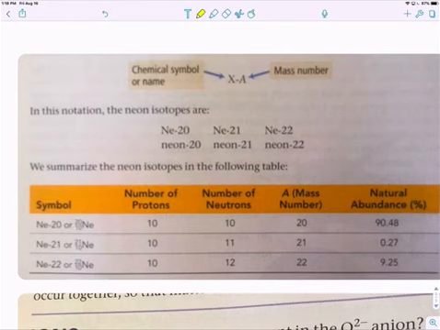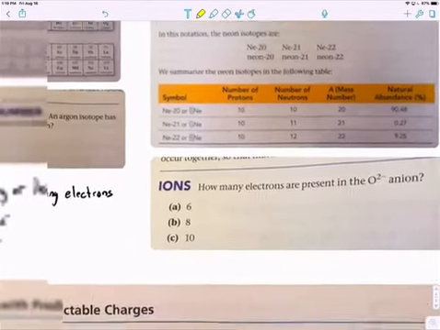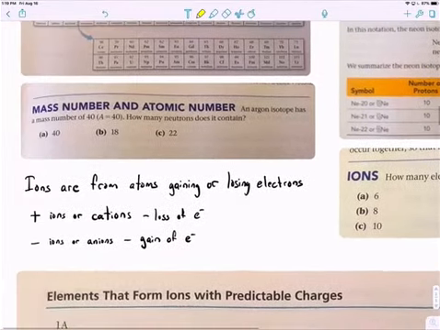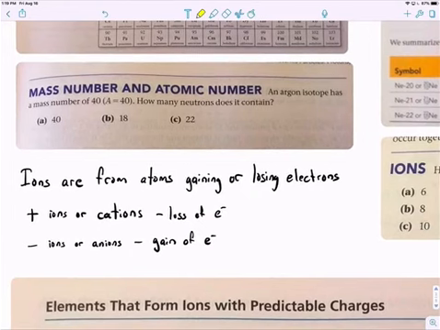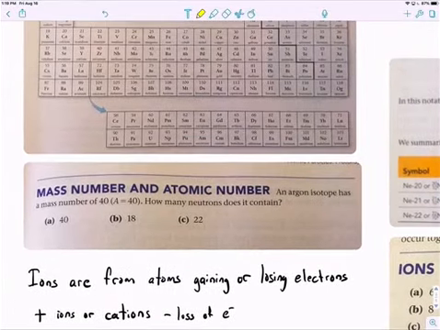It's no accident. The nuclei are much more stable when there's an even number of protons and neutrons. So there are only a very few elements that have odd protons and neutrons that are stable. But okay, so let's talk about mass number, atomic number. An argon isotope has a mass number of 40. How many neutrons does it contain? So you look at argon.